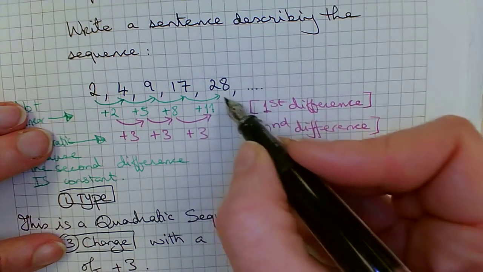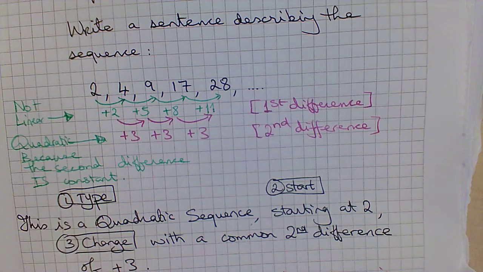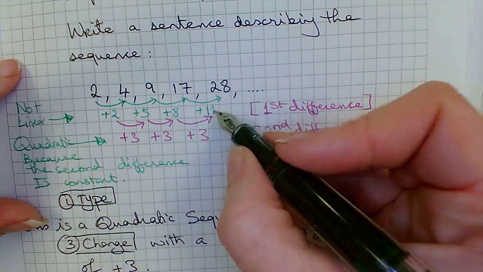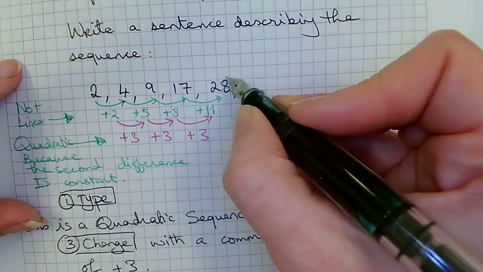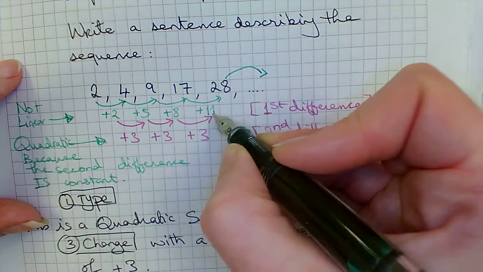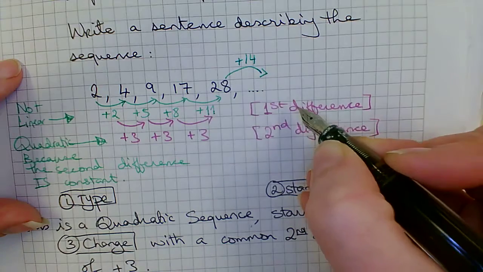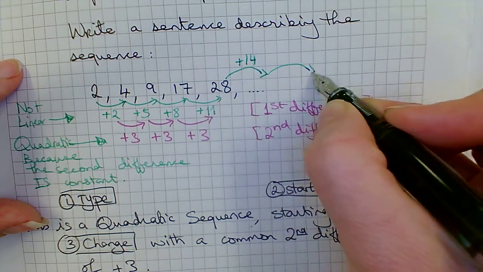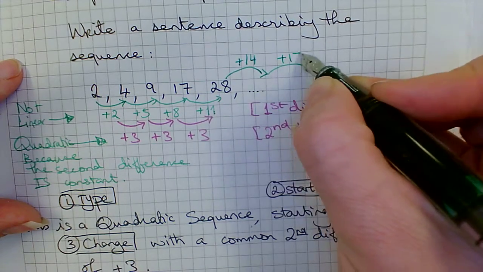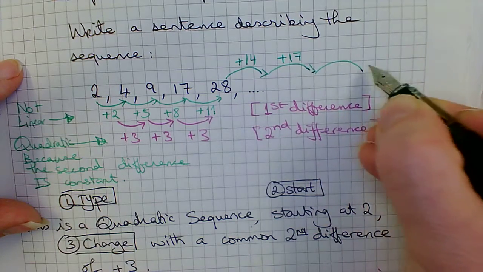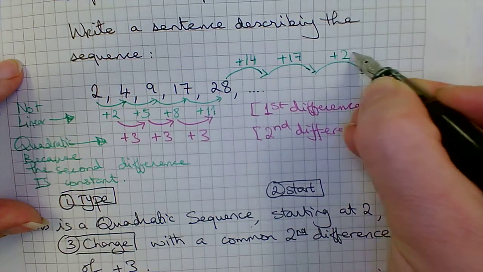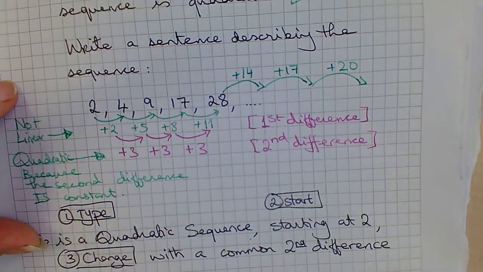I have to figure out what I'm going to add on to the 28, and I do it by adding 3 to 11. So after 28, my next one is going to be 11 plus 3, plus 14. Then I'm going to have to add on 3 to the 14, so plus 17. And then I'll have to add on 3 to the 17, plus 20. I'm just doing it up here where I've got space.